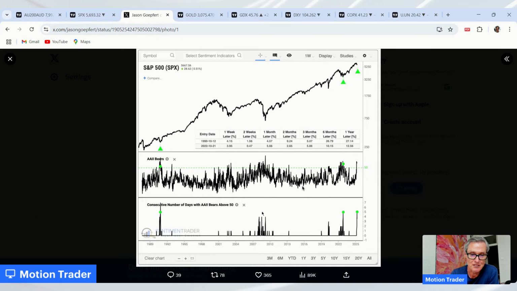Just have a look at these 3 spikes in the middle of this graph in the lower section. Now, this is during the GFC decline. The first 2 spikes were in the early and mid stages of the decline, so in this situation, it's an extreme which got more extreme.